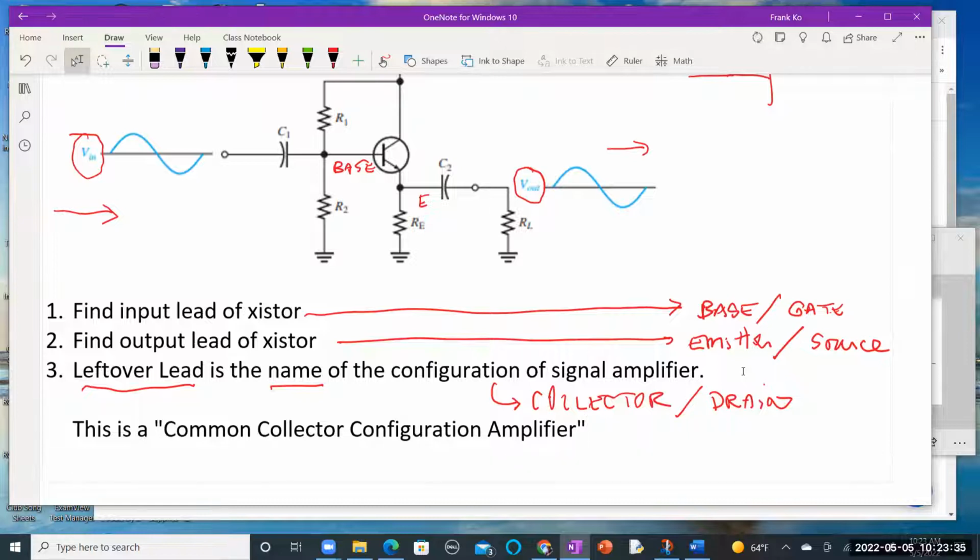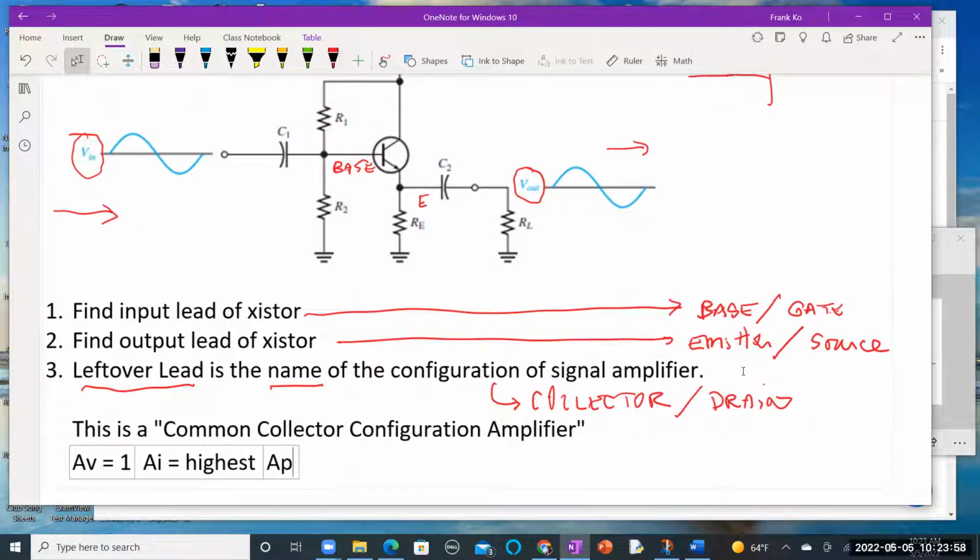And it also has very specific characteristics. It has an AV that is equal to 1. It has an AI that is highest.